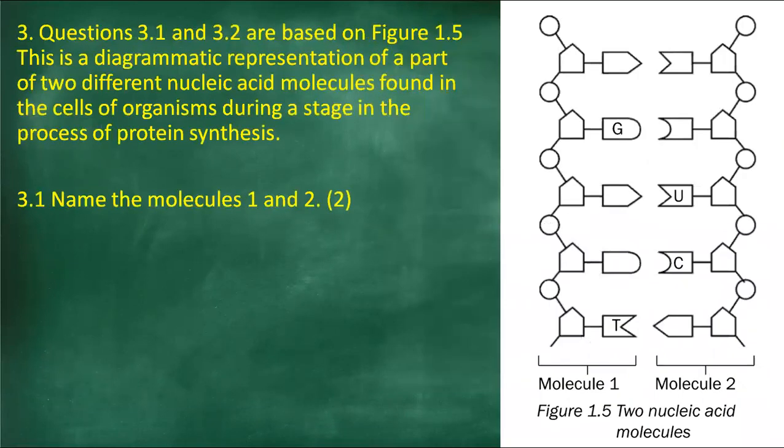Okay. Question 3.1 and 3.2 are based on Fig 1.5. This is a diagrammatic representation of a part of 2 different nucleic acid molecules found in the cells of organisms during a stage in the process of protein synthesis.